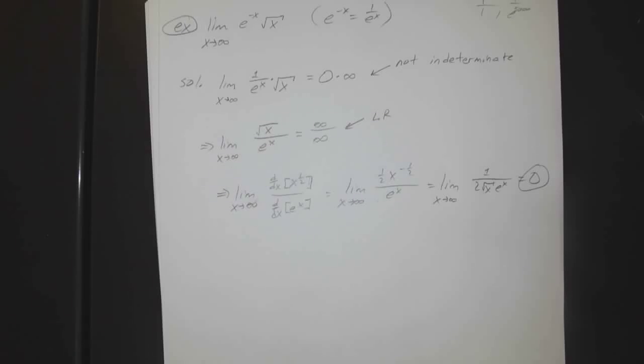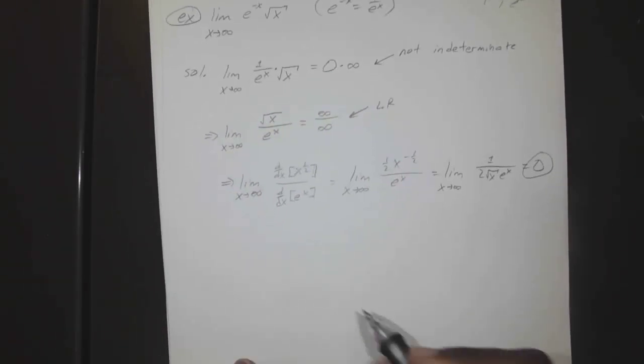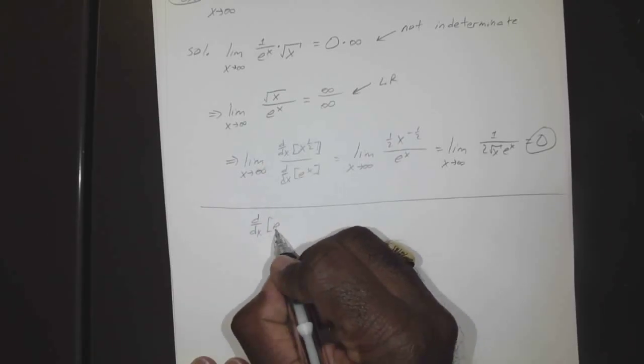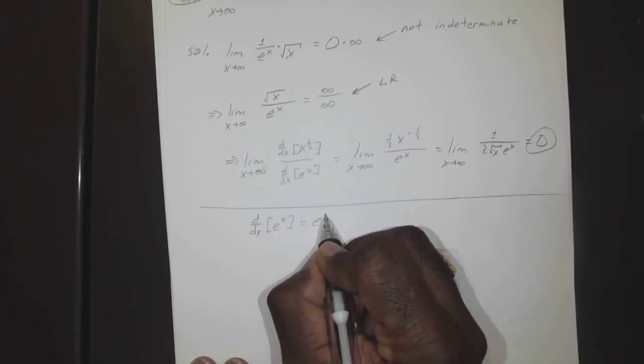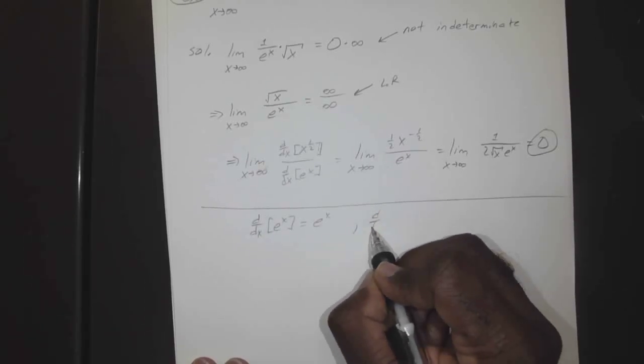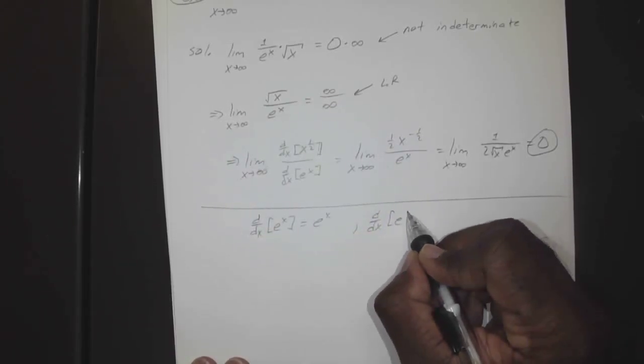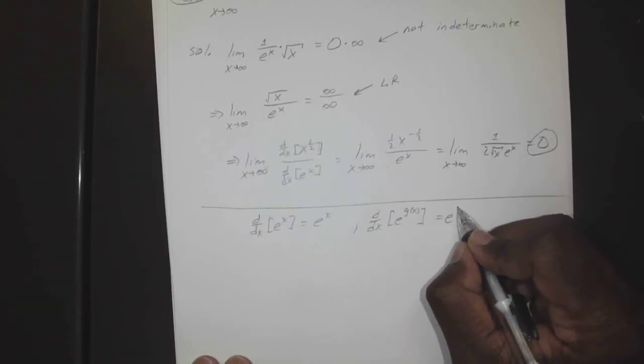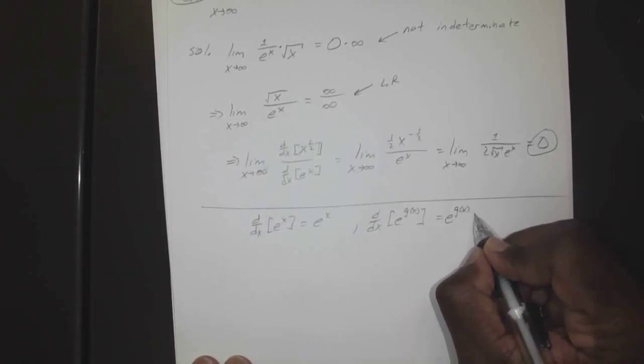All right. Any other questions on this one? Yes. Why was the derivative of e to the power of x e to the power of x? I feel like we went over that a while back. Yep. The derivative of e to the x is actually still e to the x, and the derivative of e to the g of x is e to the g of x times g prime of x.